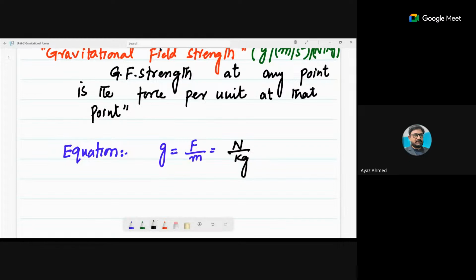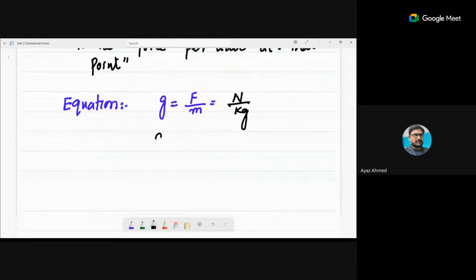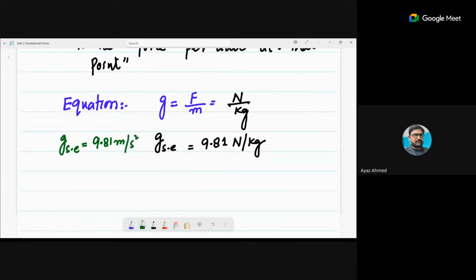The gravitational field strength at the surface of the Earth is equal to 9.81. We were saying it was meter per second square, but we can say it is Newton per kg. It can be written the same way: g on the surface of the Earth is 9.81 meter per second square. Both give the same meaning.